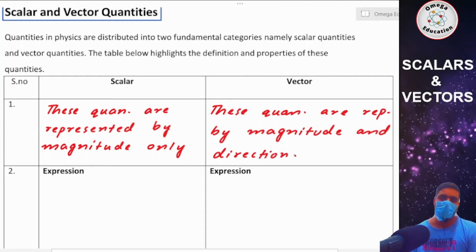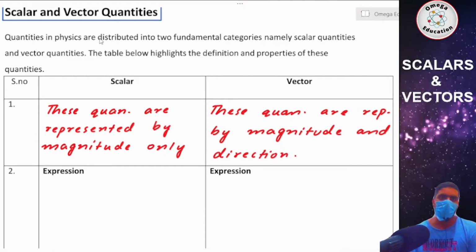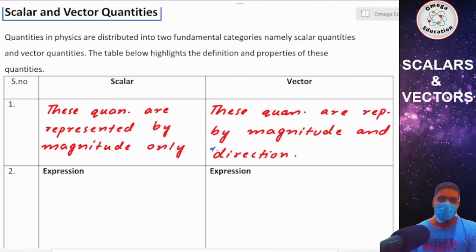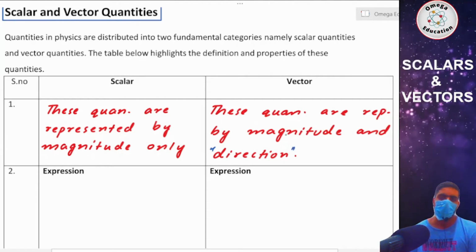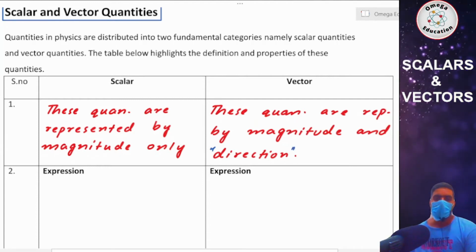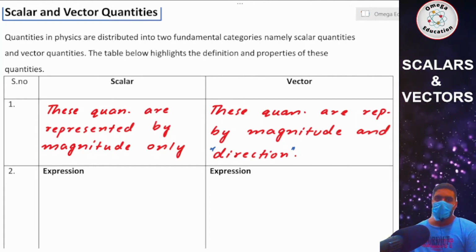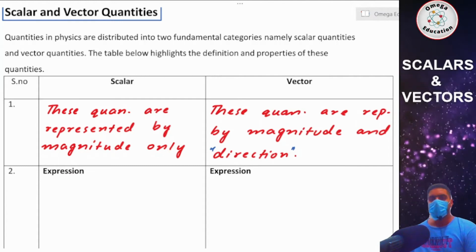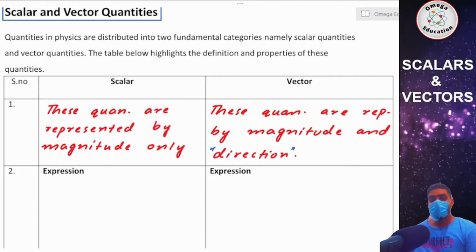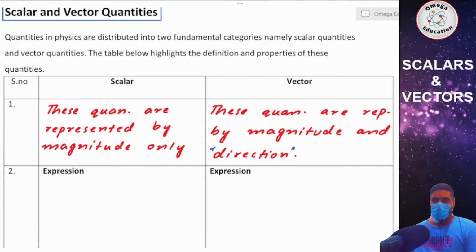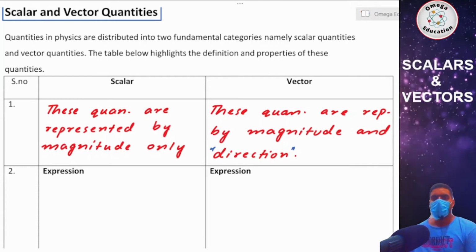So this is the extra bit. In the vector quantities, this is the extra stuff, direction. So magnitude alone is not enough for their proper description. You need to give information about their direction as well. Only then can we say that we have described the vector quantities.